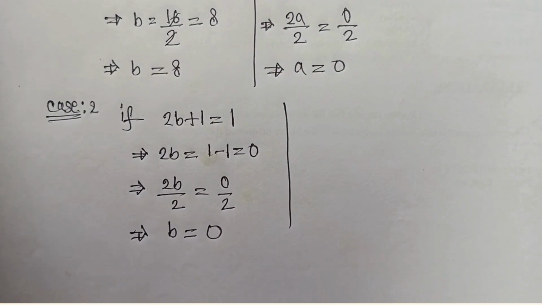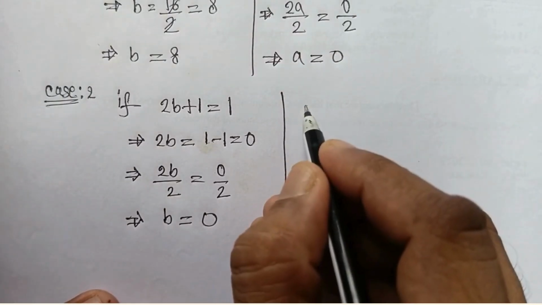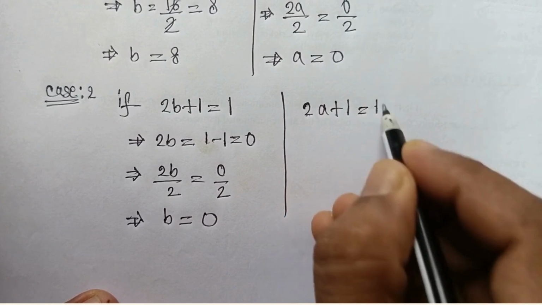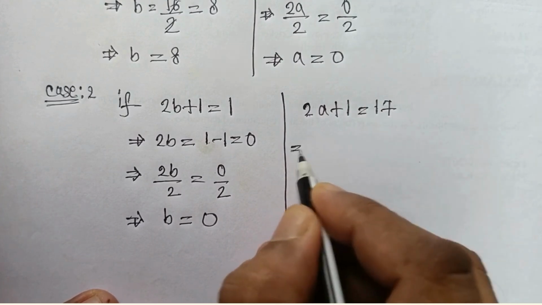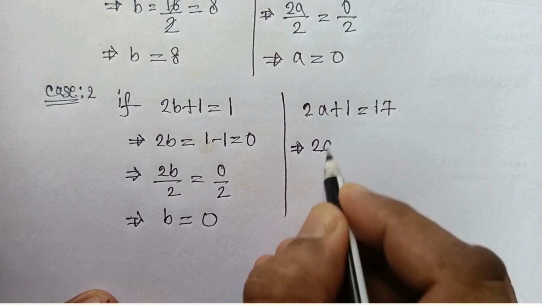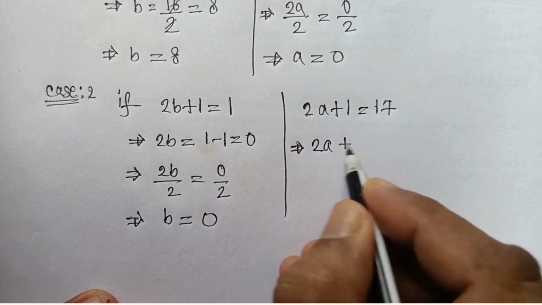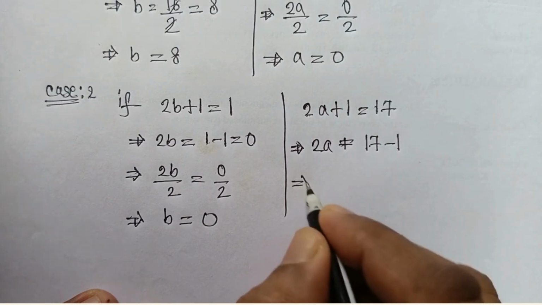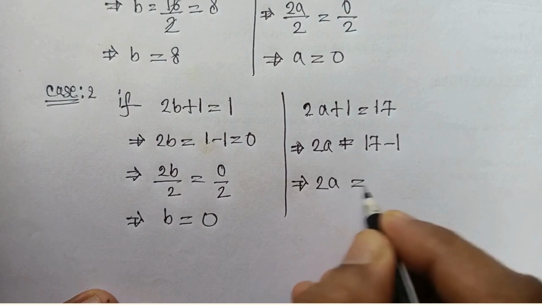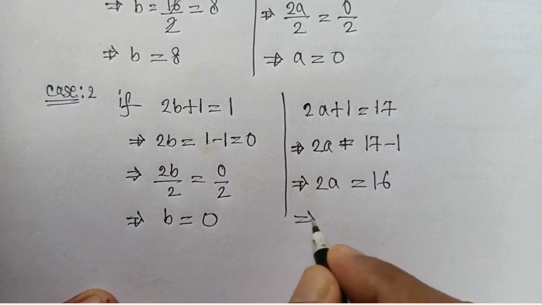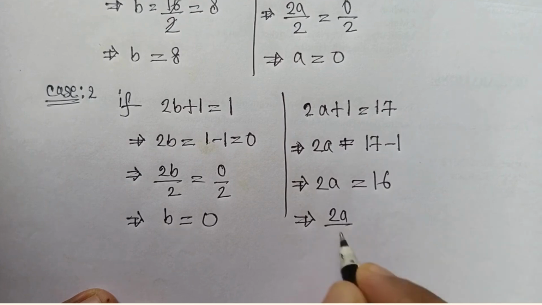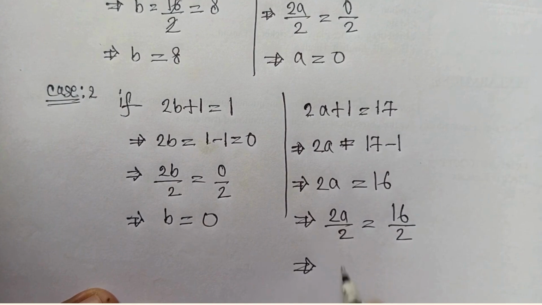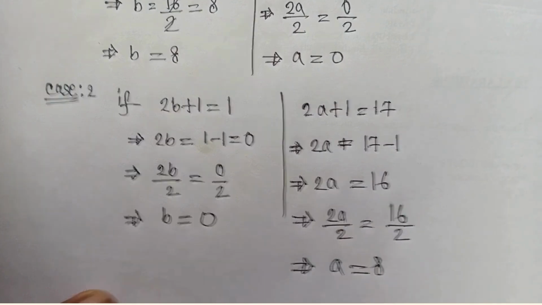Again, 2a + 1 equals 17, and 2a = 17 - 1, and 2a is equal to 16, and if we divide both sides by 2, we get a equal to 8.